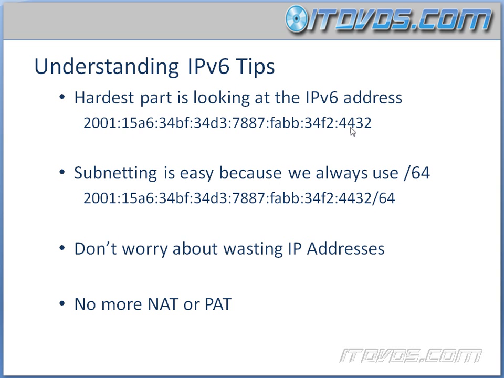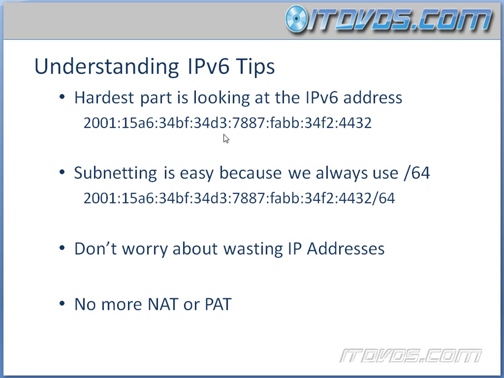With an IP version 6 address, probably not going to memorize this, but as we'll see, the first half of this address in our network is going to be the same or pretty similar with all of our hosts and all of our nodes and all of our routers. So that will make things easier, but it's still going to be kind of difficult to memorize. So that's just something we're going to have to learn to work with going forward. So that's the bad news.